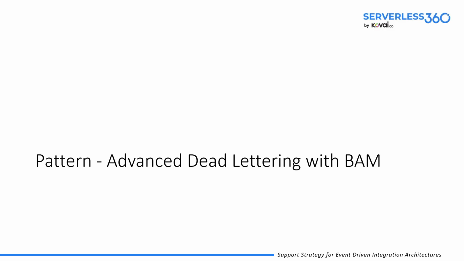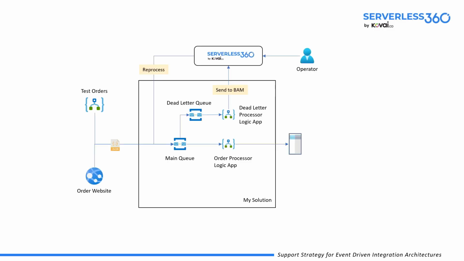So one of the things we did is we looked at whether we can use the BAM feature in Serverless 360 to help us have more advanced dead letter processes. Let's imagine a scenario where I've got a website, and I'm going to simulate the data with my test order logic app, but my website sends messages to a queue to say, here's an order I want the customer to make.